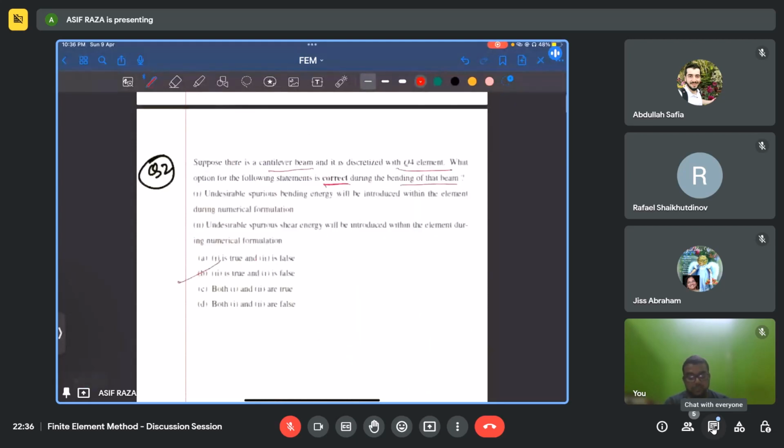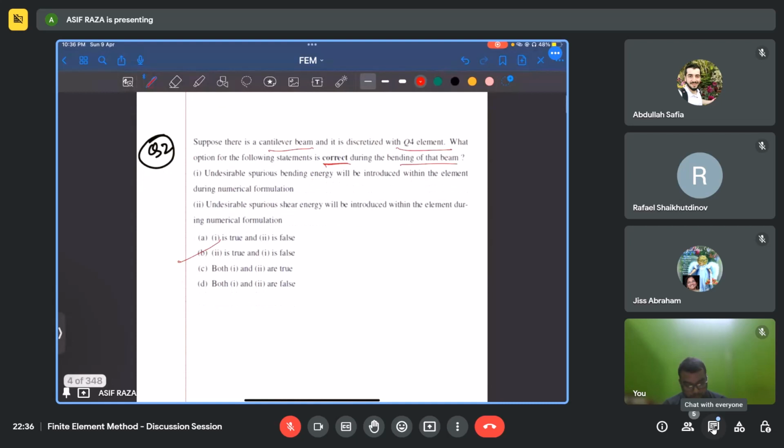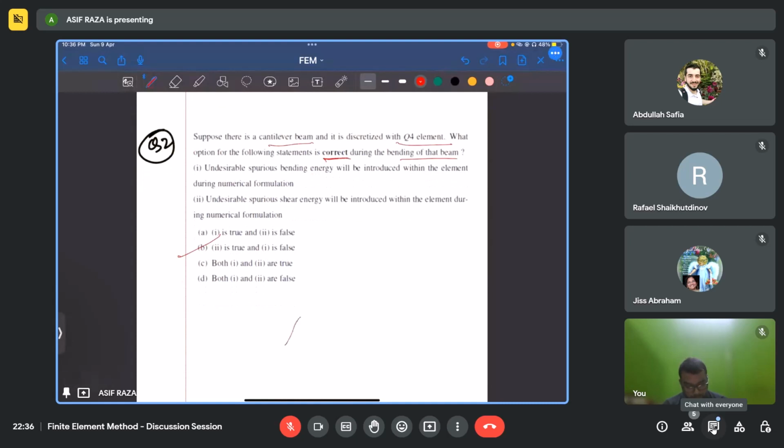But when we consider a Q4 element for this problem, what will happen in the bending case?